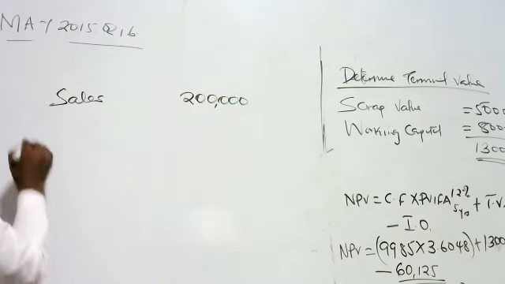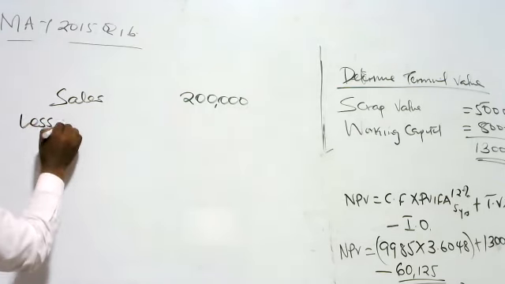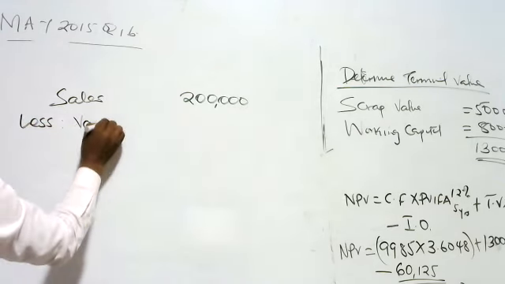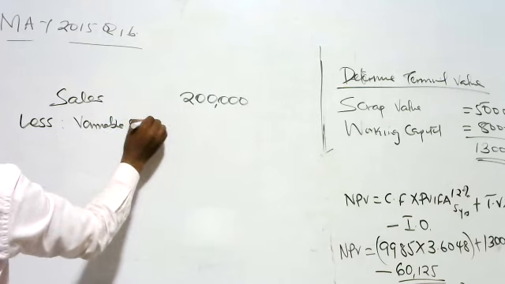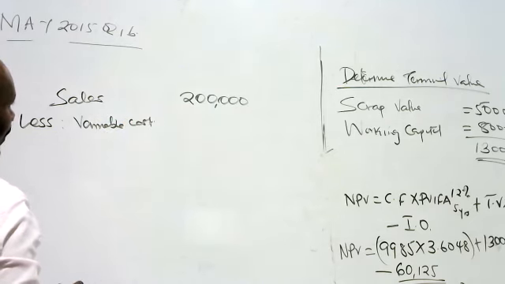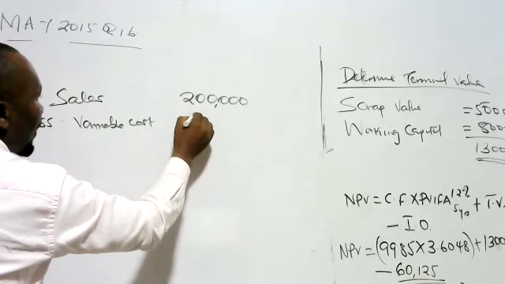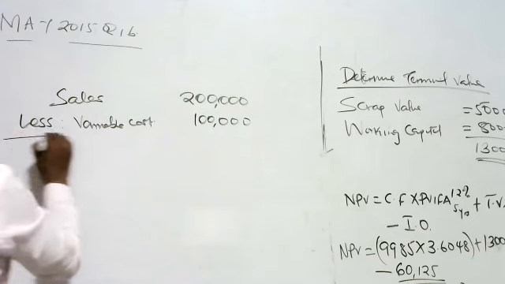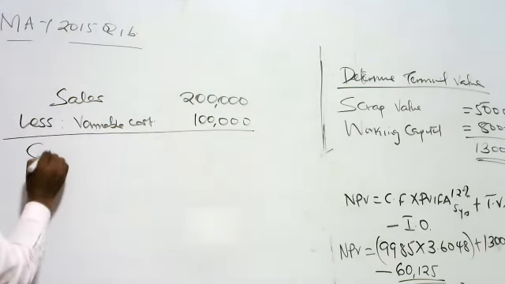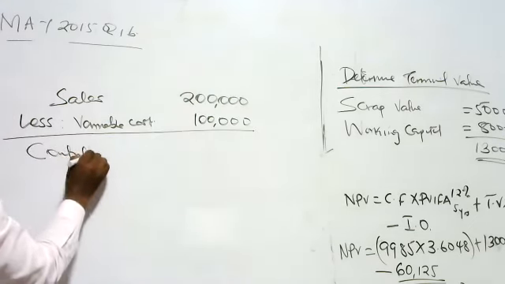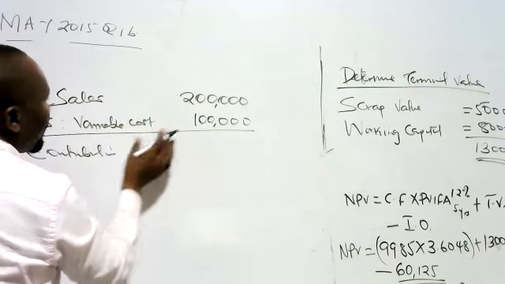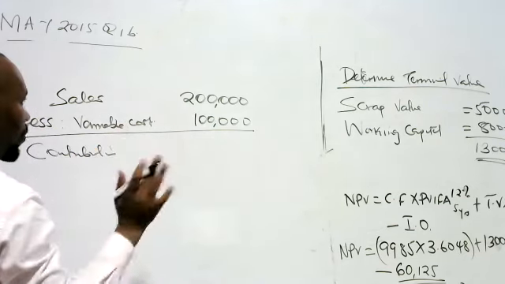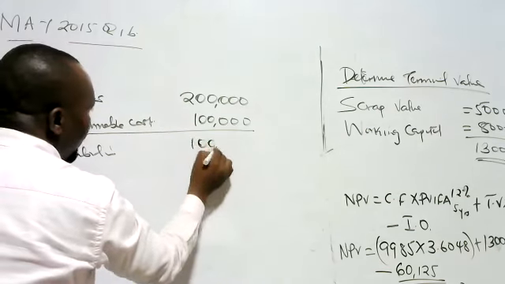The first thing that we always subtract is the variable cost, which you can get as maybe 100,000. Then you're going to have what is called contribution. It is the difference between the sales and the variable cost only, which is 100,000.